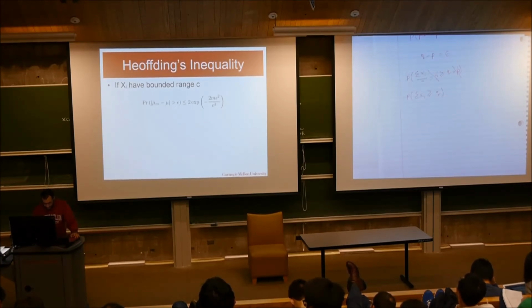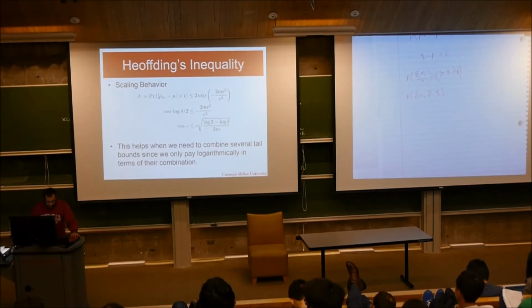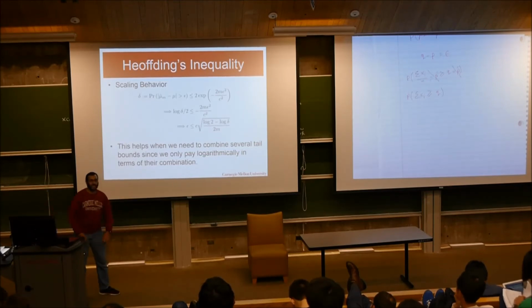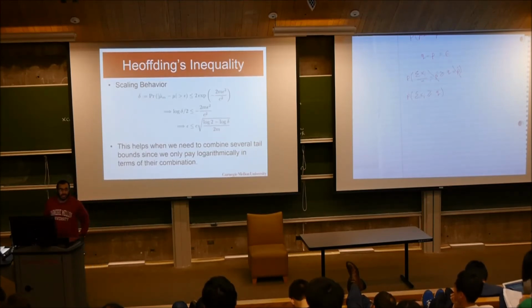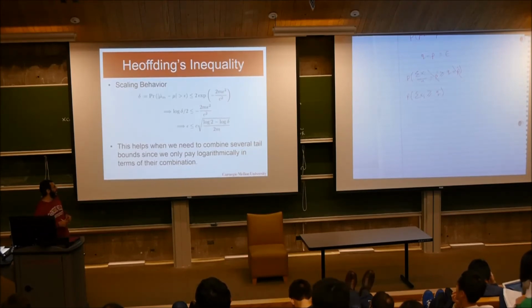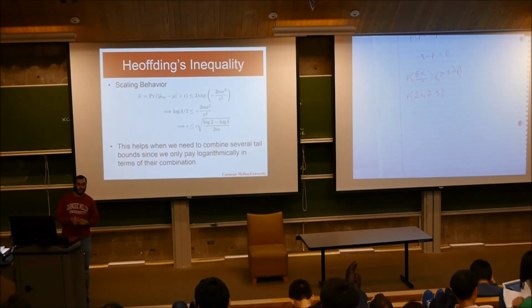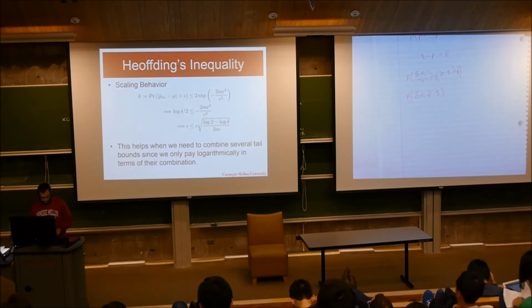And now, remember we were looking for how epsilon scales with delta. Now we get the log scale we're talking about. So rather than scaling with 1 over root delta, now we're scaling with just the log of delta. Okay? By just taking the log of both sides.